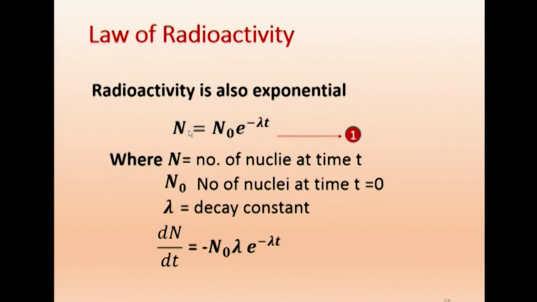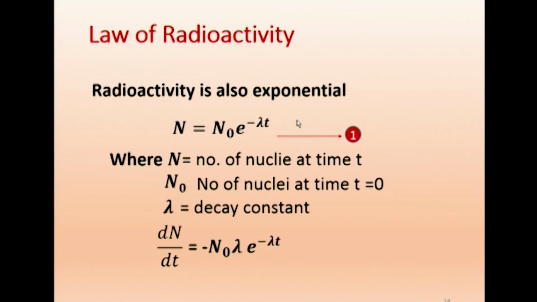What is N? N is the number of nuclei at time t. N0 is the number of nuclei at time t equal to 0, and this lambda we call the decay constant. As we see in this equation, as time increases, e power minus lambda t goes on decreasing.